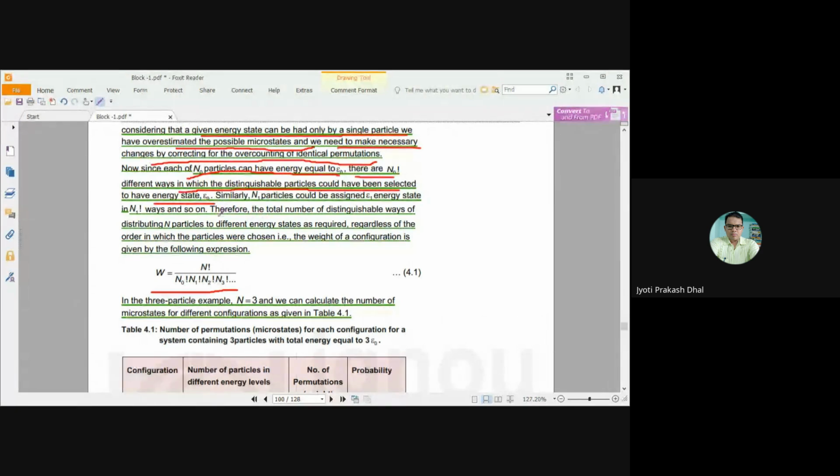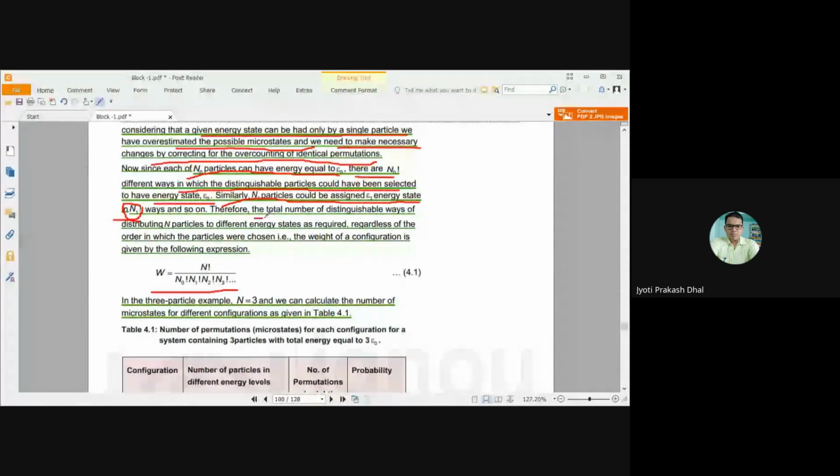Similarly, N1 particles could have been assigned the epsilon 1 energy state. So there are N1 factorial different ways in which the distinguishable particles could have been selected to have energy state epsilon 1, and so on.